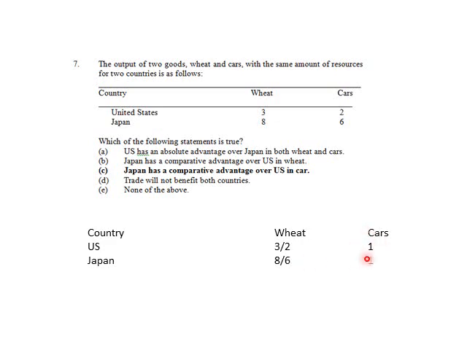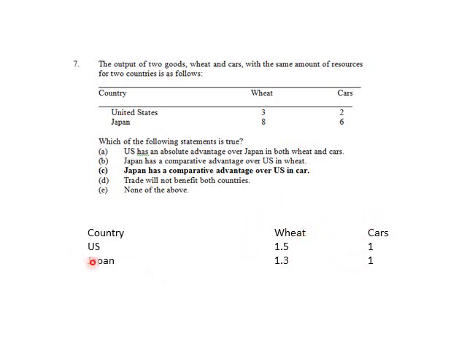Now to produce 1 car, US has to give up 3 divided by 2. That's how you get 1 car, so you divide by 2 on the other side. So US has to give up 3 over 2 units of wheat, and then the same for Japan, 8 over 6 units. So these are the wheat that it has to give up when it produces 1 car.